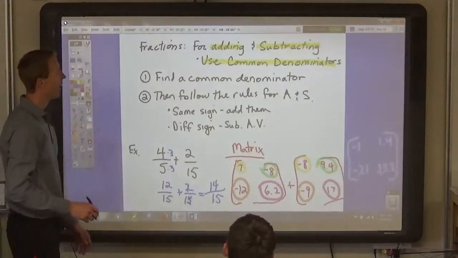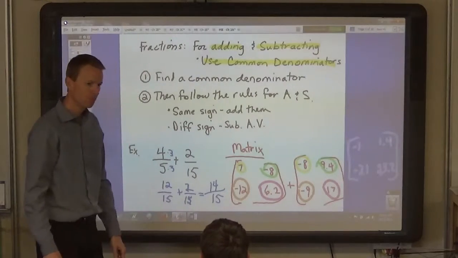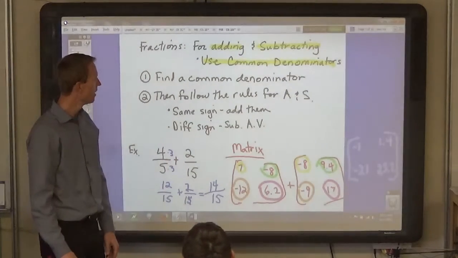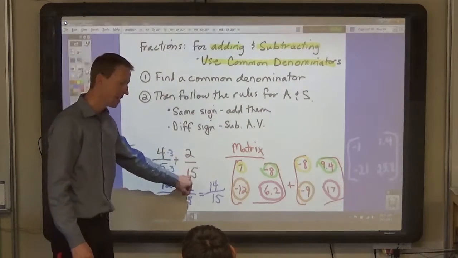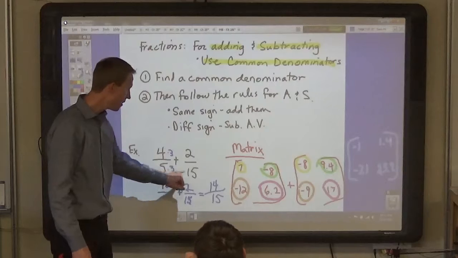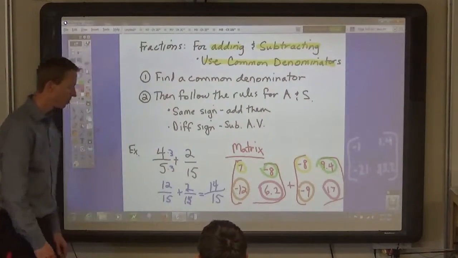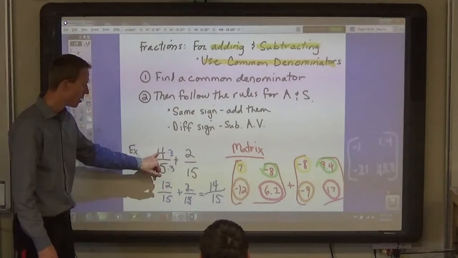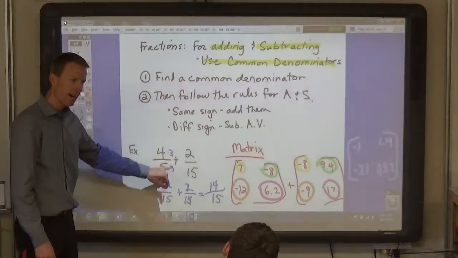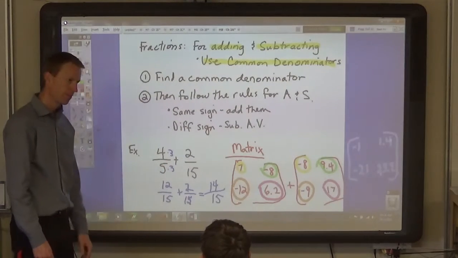All right, so then in fractions, you have to use common denominators, meaning that if we have 4/5 plus 2/15, we can't add these two together until their denominators are the same, right? So then you have to convert this to a fraction that's in 15ths rather than fifths.